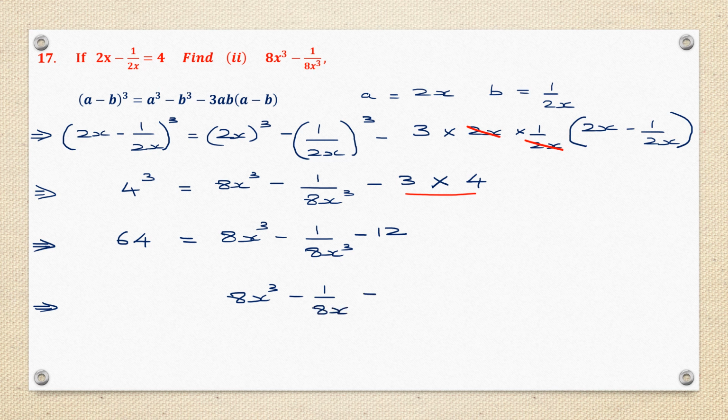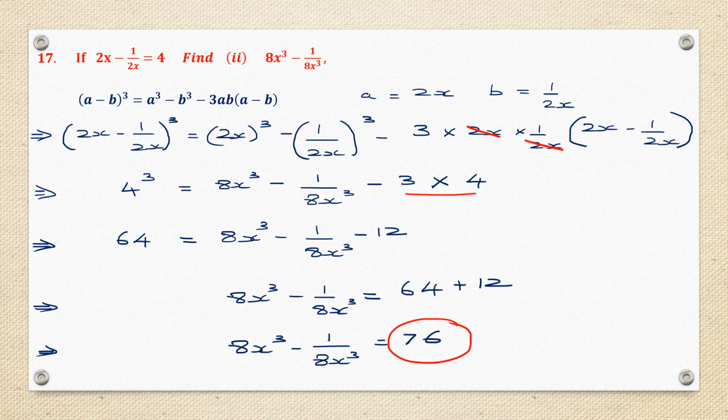Only that we need to find. Now what is on the other side of the equal to sign? 64. And this we're going to put it along with 64. So minus 12 will now become plus 12. So now we can find the value of 8x cube minus 1 by 8x cube, which is 64 plus 12, which is 76. So we have our answer 76.